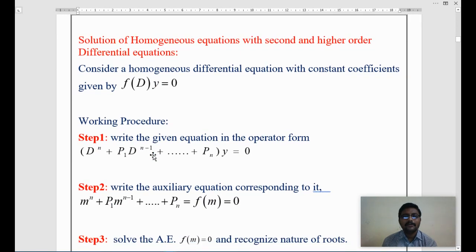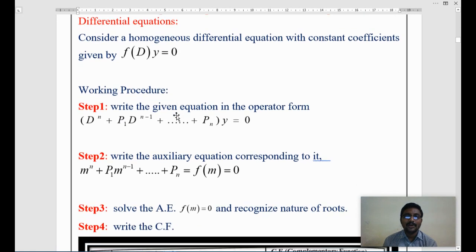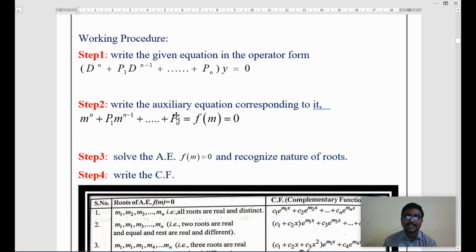What is the meaning of a homogeneous equation? A homogeneous equation means f(D) y = 0. Suppose f(D) y = f(x), then it is called a non-homogeneous differential equation. Now, to find the homogeneous differential equation solution, we follow these steps. What is the first step?